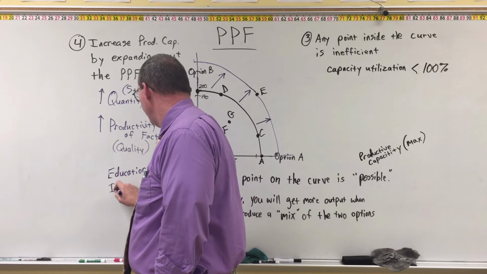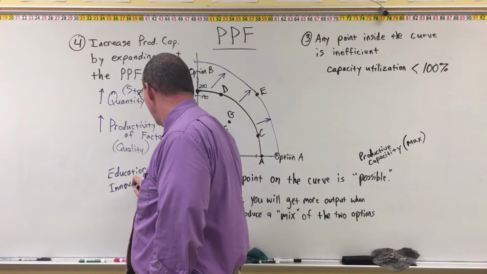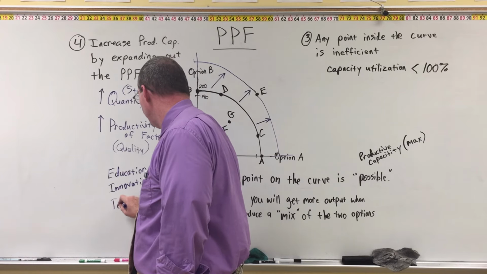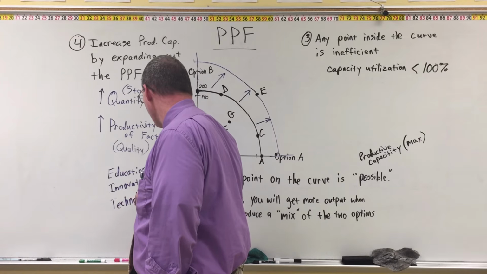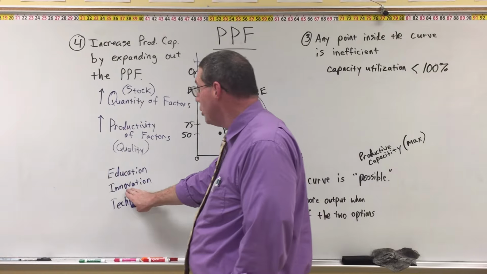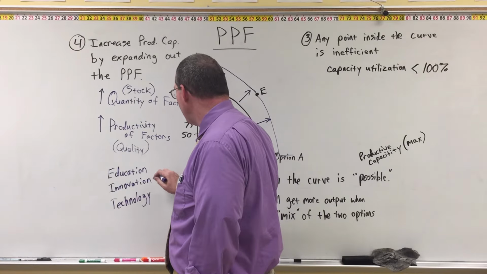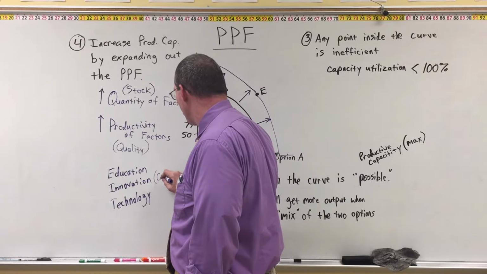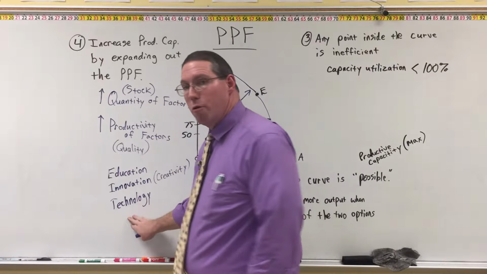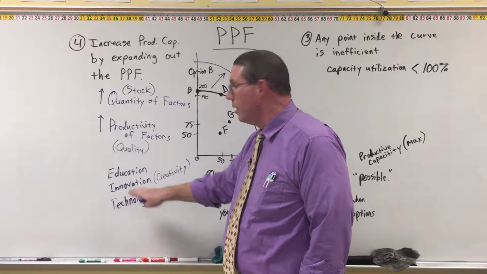Through innovation. And through the use of improved technology. And so, of course, technology goes hand in hand with innovation. But innovation doesn't have to be technology. Innovation is just simply an issue of creativity. We can not improve technology and still innovate.